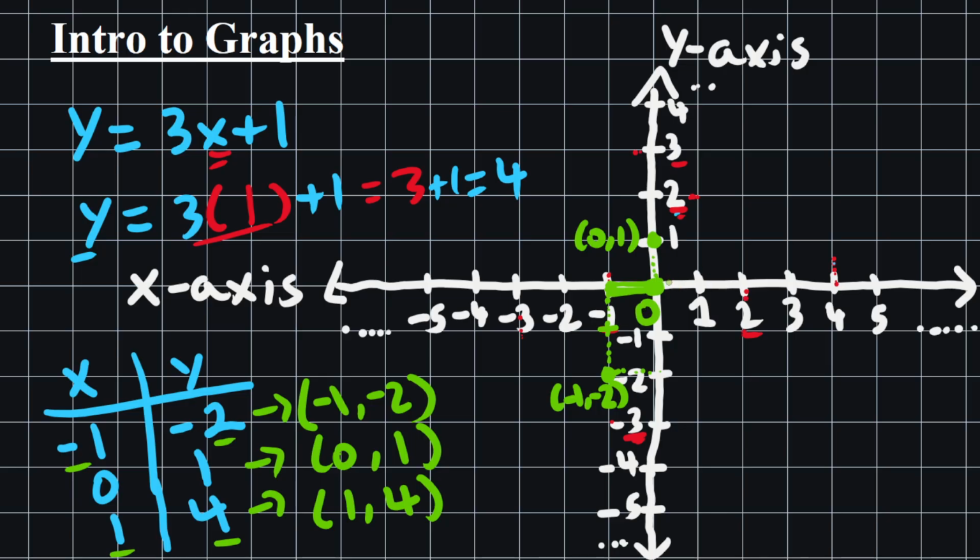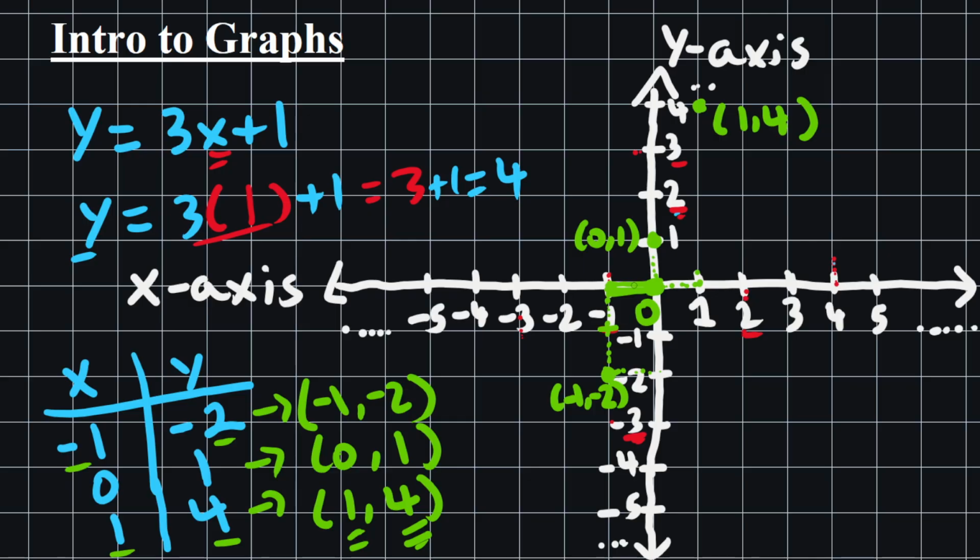Our x is 1. So we start at the origin, at 0, and we're going to go to the 1. So we're here, and now we're going to go up 4. So 1, 2, 3, 4, right here. Let me just erase these. So this point that we plot right here is 1, 4.